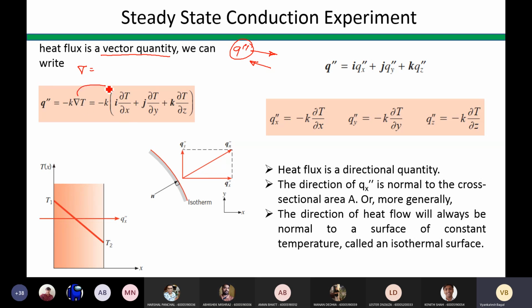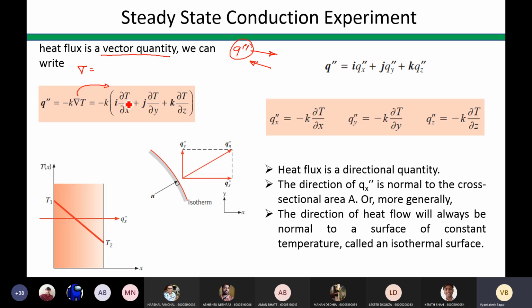So I am just expanding this del here, and I can write that the heat flux Q double dot is given as q double dash is equal to minus K into bracket i dou T by dou x plus j dou T by dou y plus k dou T by dou z. Right? So the temperature gradient along that direction is multiplied by the unit vector along that direction.